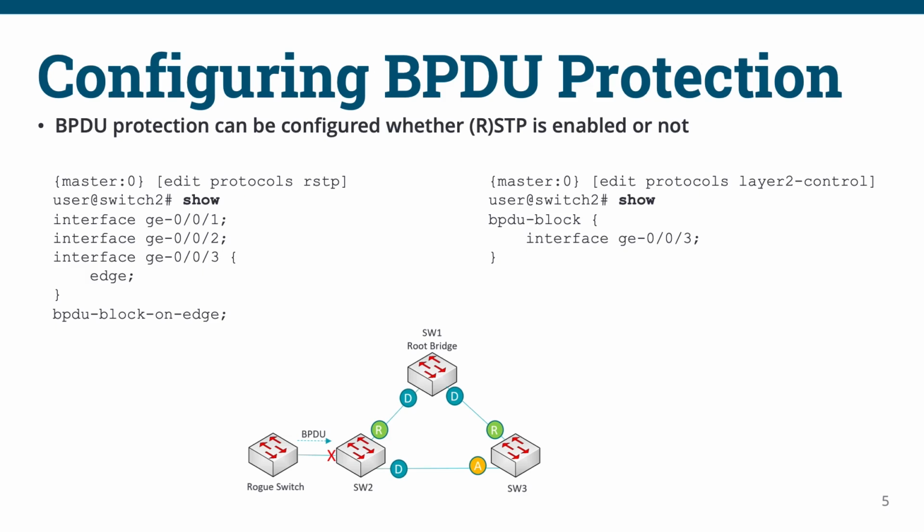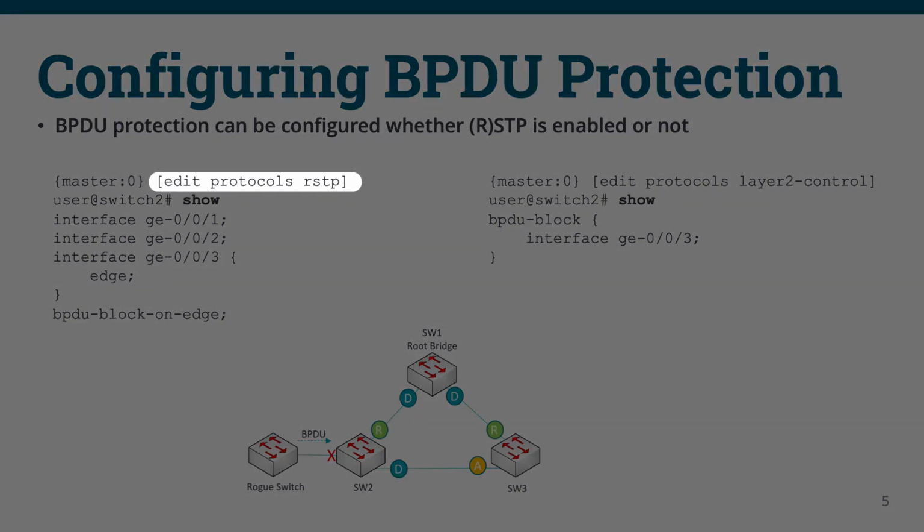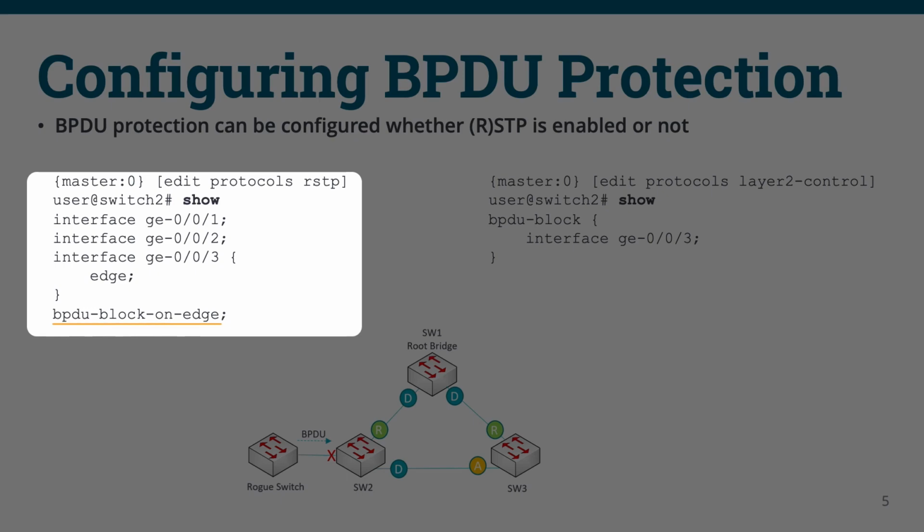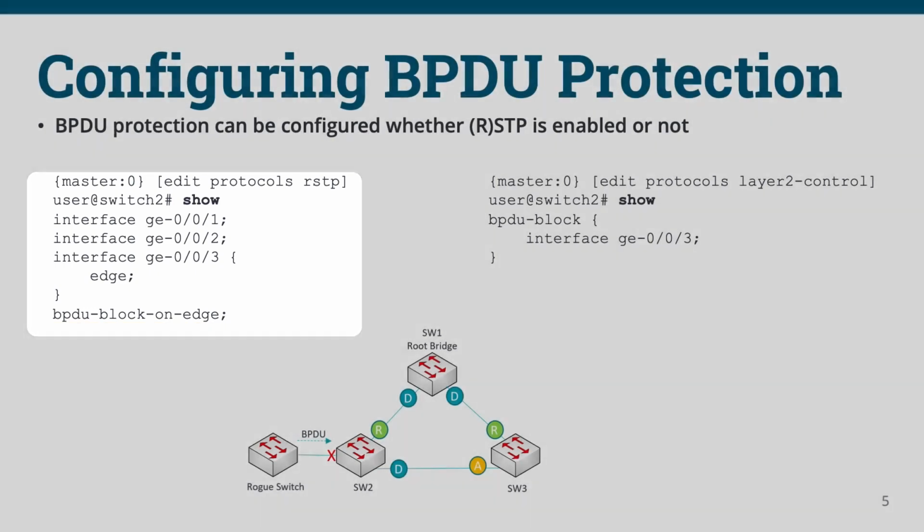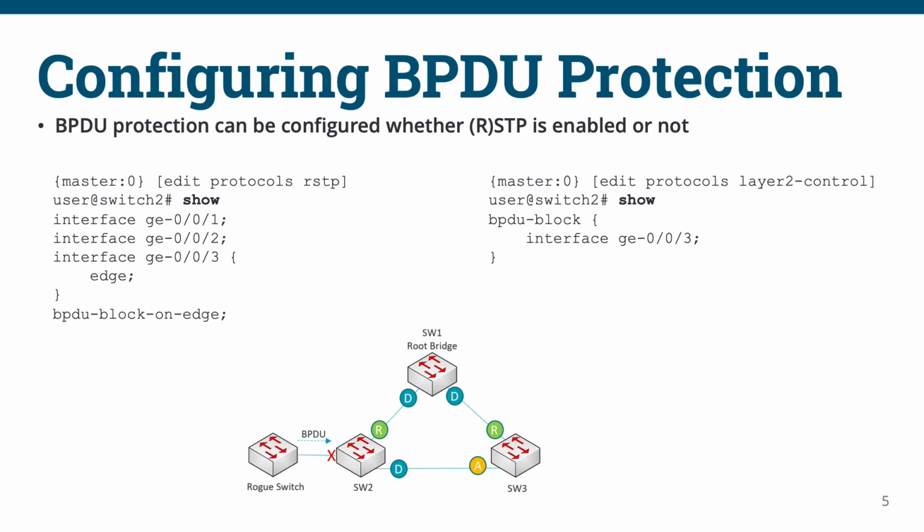The feature may also be configured under the edit protocols rstp configuration hierarchy. Applying the bpdu-block-on-edge command will enable BPDU protection on all edge role ports in RSTP automatically, which is a common method of implementation.